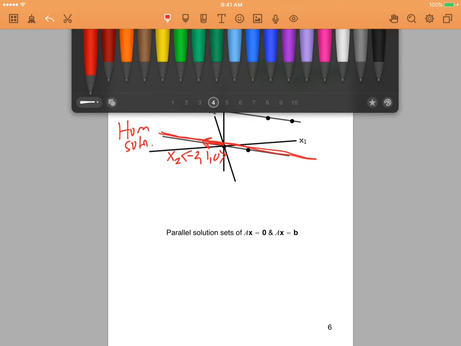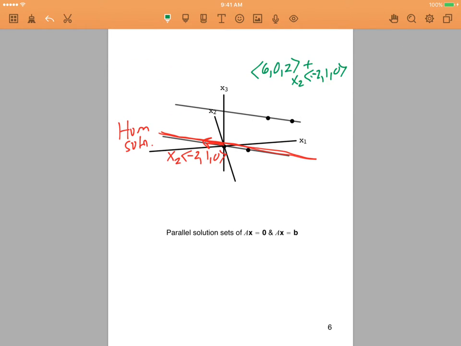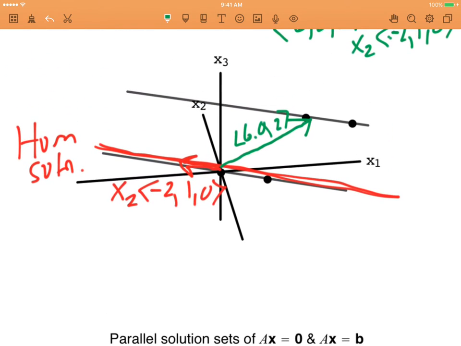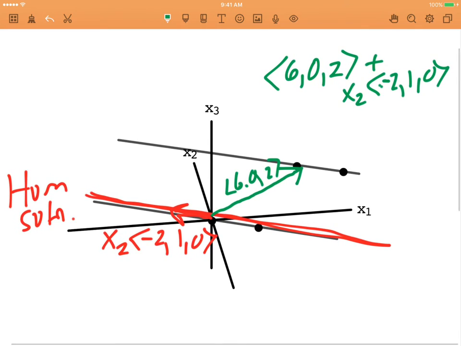So this 6, 0, 2 plus the multiples, here's what this looks like. I'm having trouble writing because I have to make this bigger. There we go. So now this vector here is the 6, 0, 2.